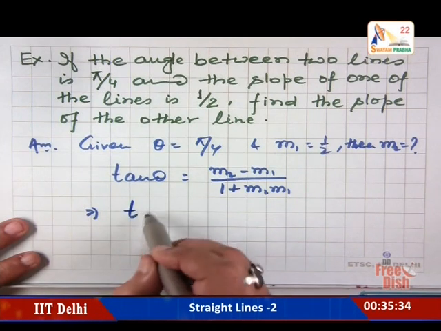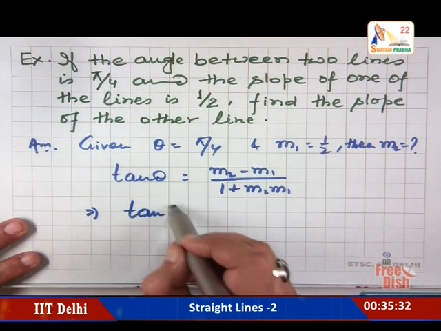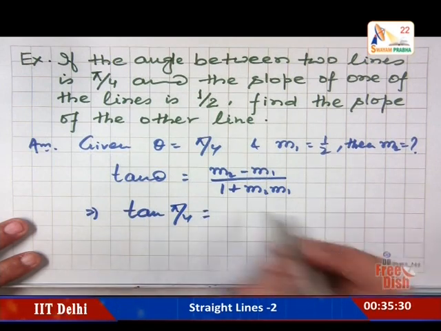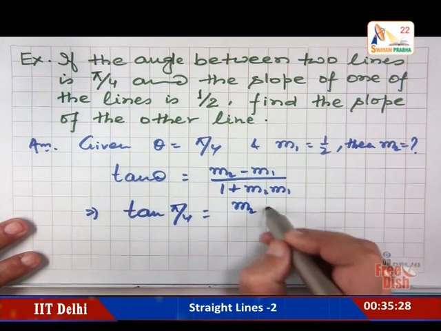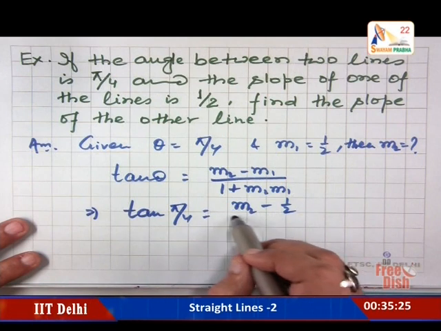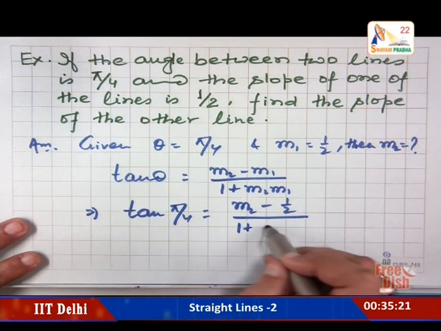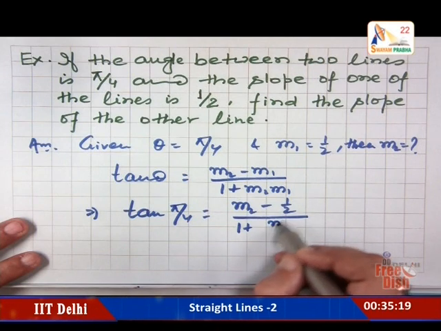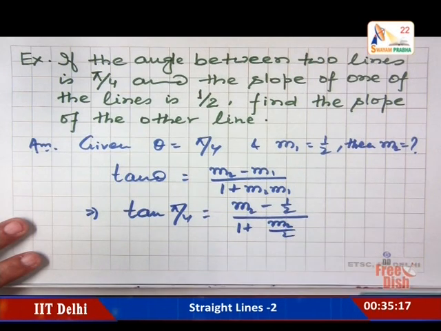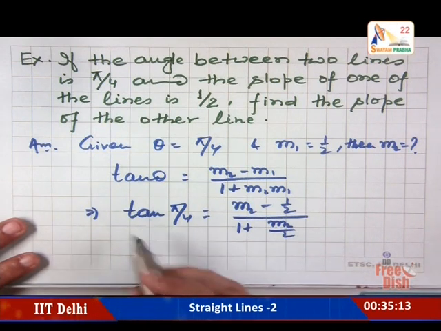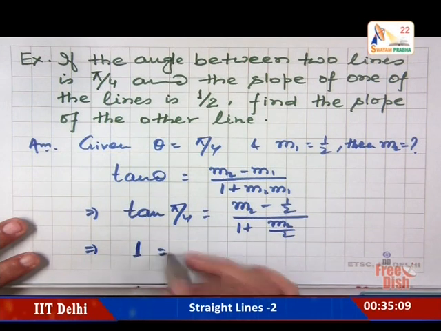So tan pi by 4 is equal to m2 minus 1 by 2 by 1 plus m2 by 2, and tan pi by 4 equals 1.